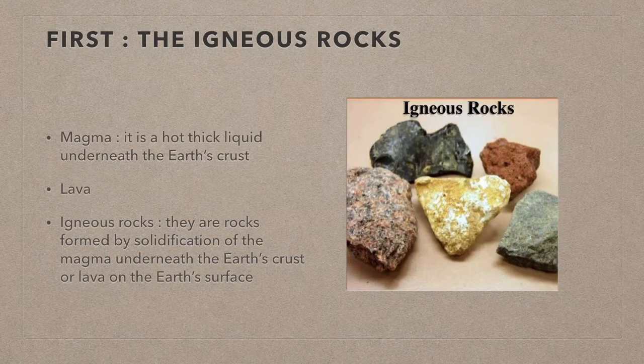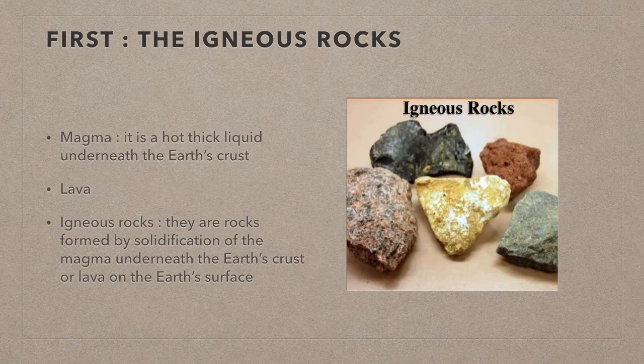The first type of rocks is the igneous rocks. We know that the outer core of the Earth contains molten metals, which are known as magma. Magma is a very hot, thick liquid underneath the Earth's crust. When a volcano occurs, the magma at the bottom of the Earth's crust is pushed upwards.